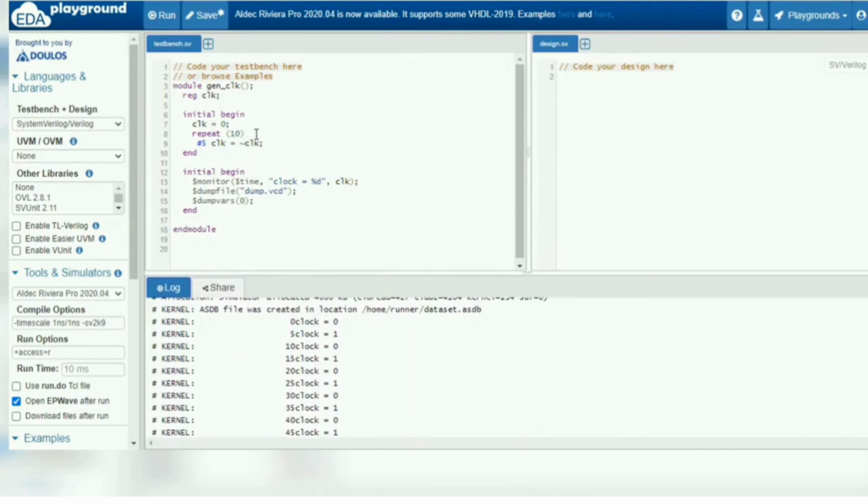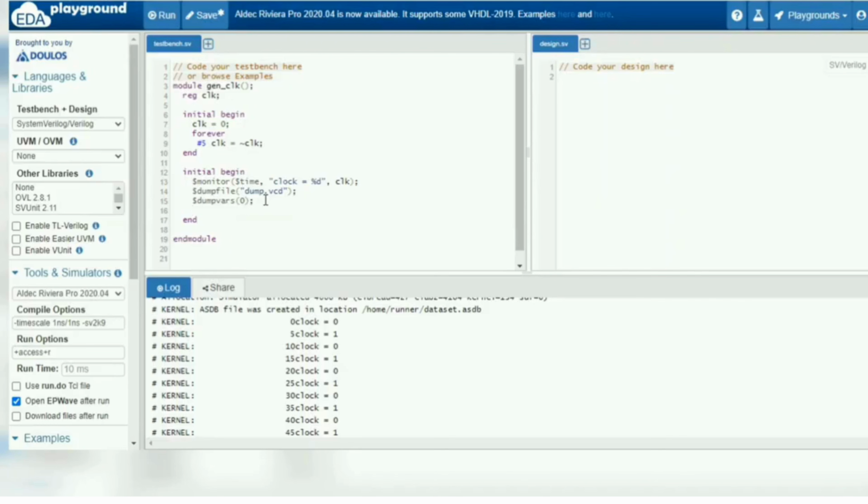Like that we can generate the clock using forever. In place of repeat, we can directly take forever. Forever will repeat the clock, and not only the clock, whatever inputs we are considering, the loop will not terminate until we terminate the execution by using $finish or $stop.